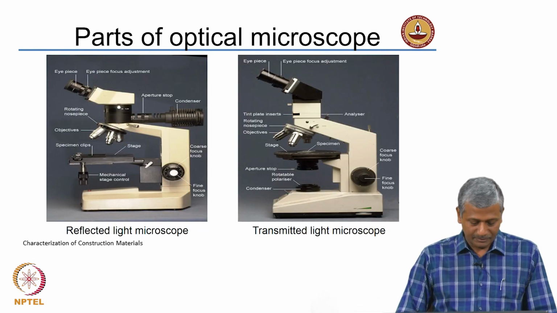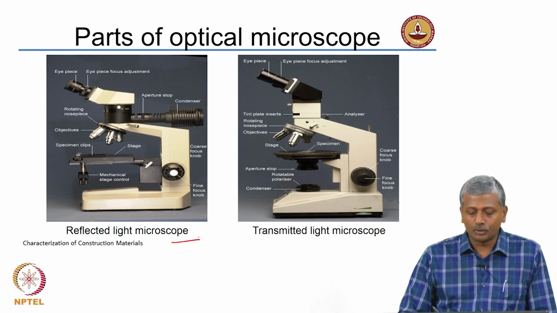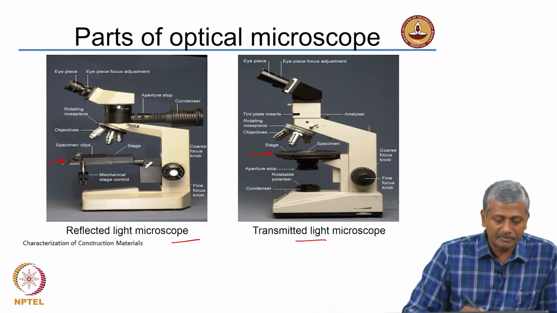So, these are the typical features observed inside optical microscopes. On the left you have a reflected light microscope and the right is a transmitted light microscope. In both these cases you have a stage, okay, a specimen stage is available in both.